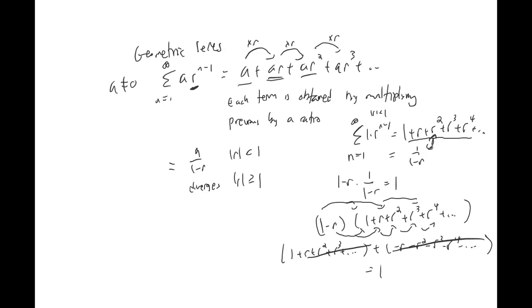I can also convince you why the divergence is true. Again, take a to be 1, and for simplicity let's take r to be 2. Certainly the absolute value of 2 is bigger than 1. If you write out the terms, each term, 2 to the n, is growing. When the base is bigger than 1, powers grow: 2 squared is 4, 2 cubed is 8.